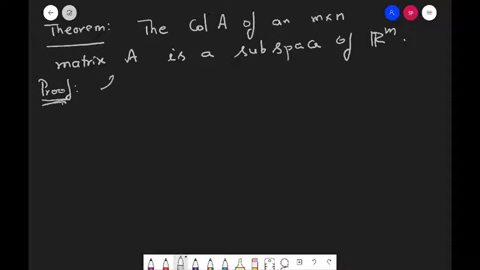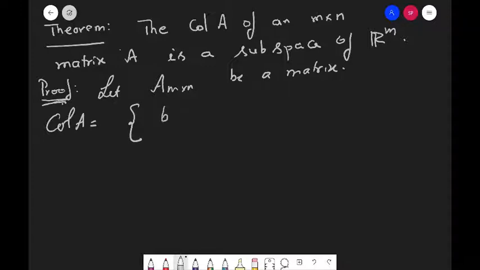So what is given here? Let A, m by n, be a matrix. This is a given matrix to us. And then what is the column space of A? By definition, the column space of A has all those vectors b belonging to Rm such that Ax is equal to b for x belonging to Rn.